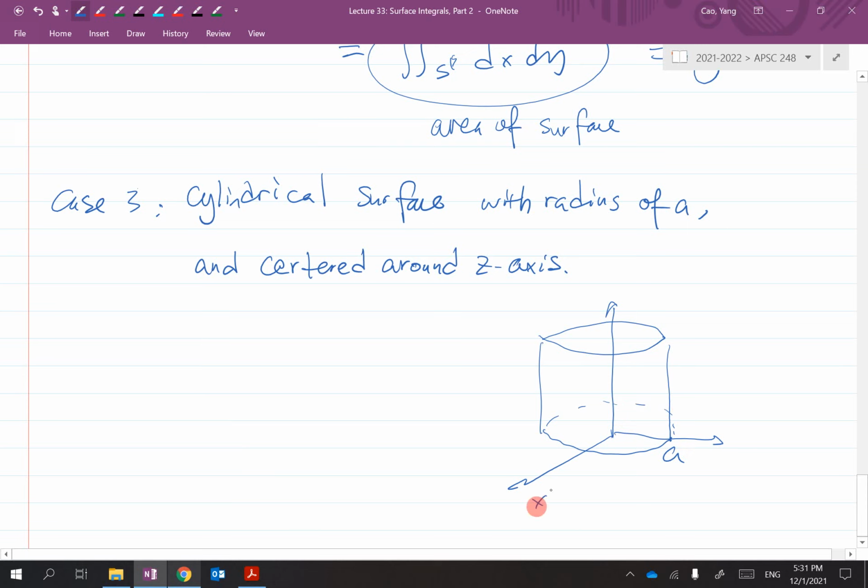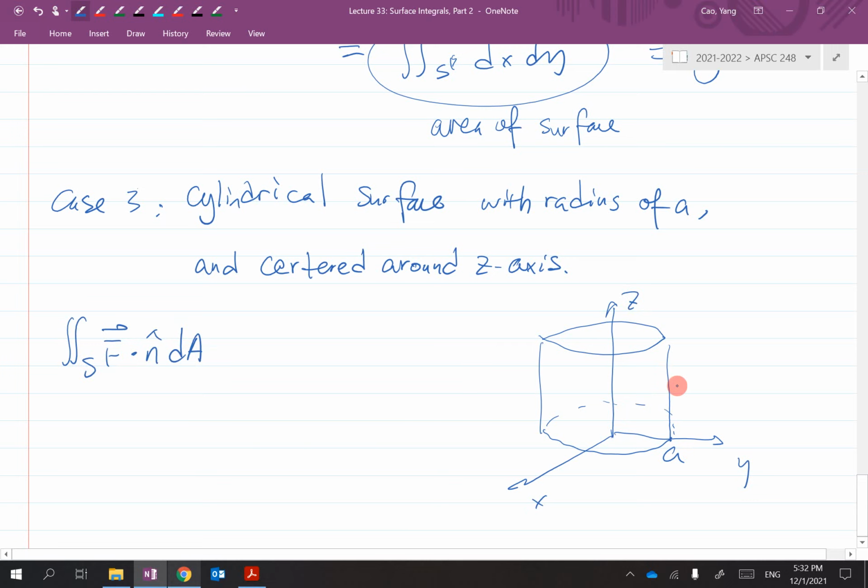This drawing here is like that. Now we are calculating, for example, the flux over that cylindrical surface. Again, it could be a flux going outward, or a flux going inward.